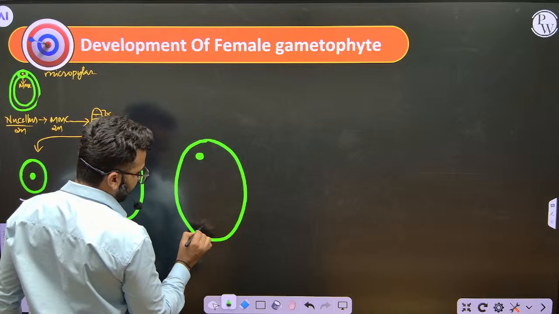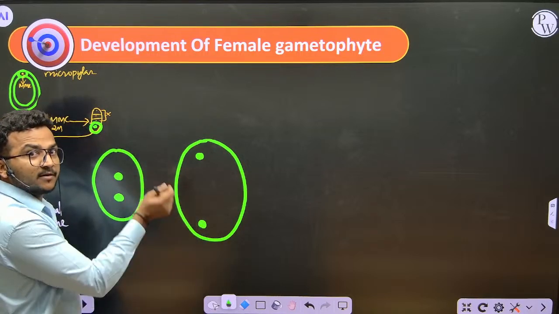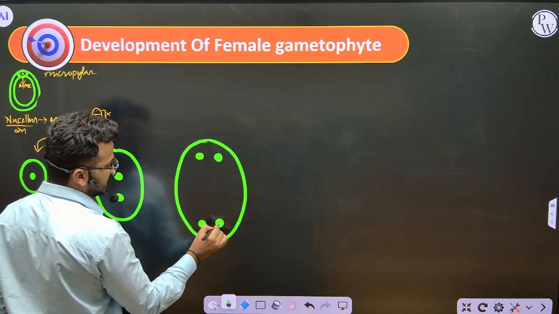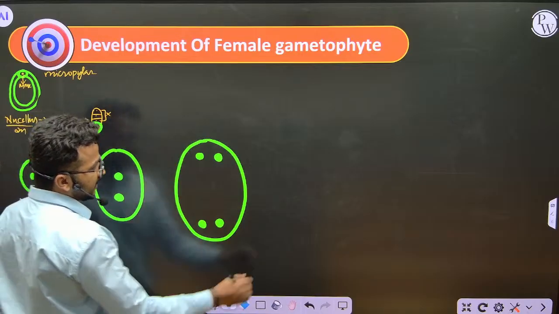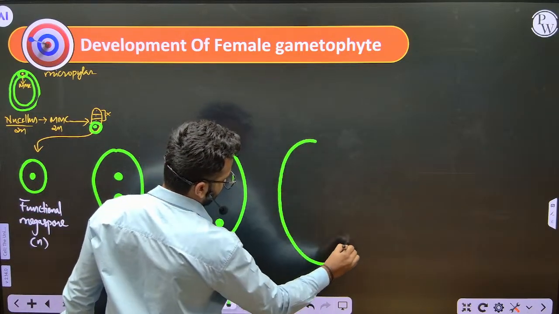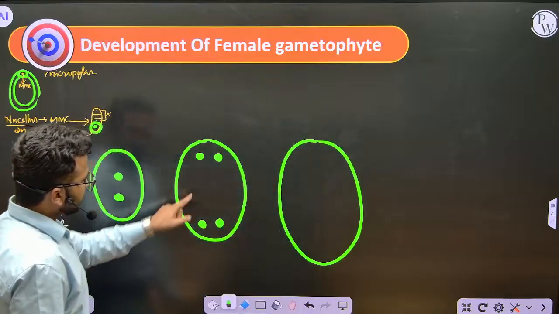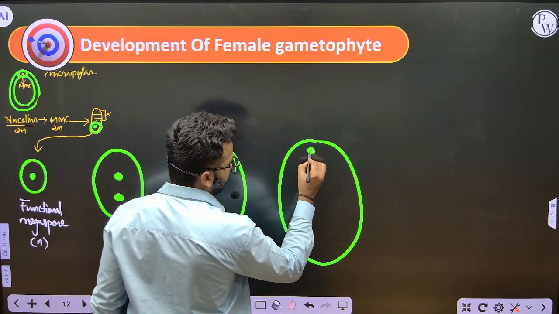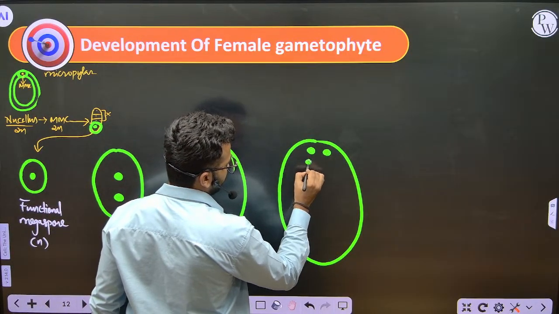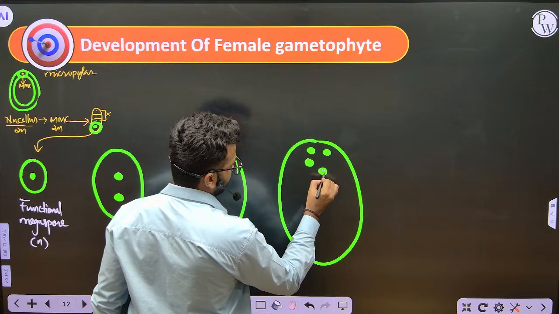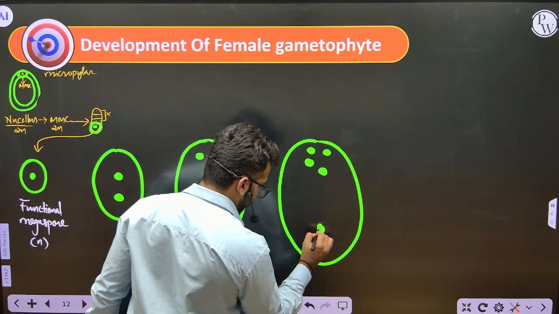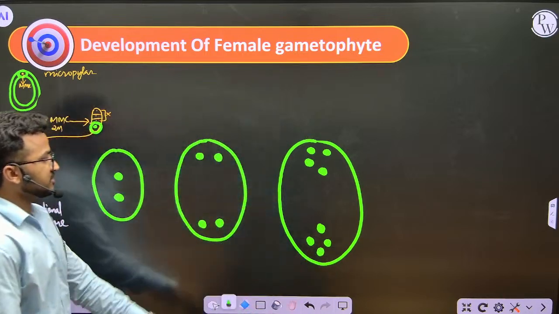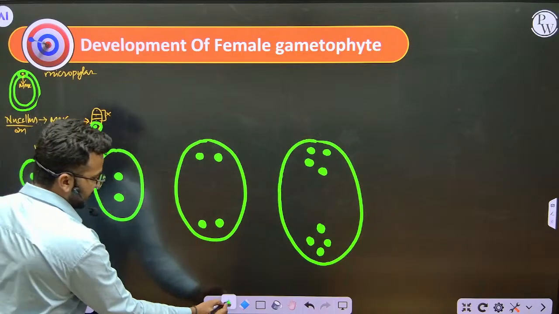After coming here, they will show another mitotic division. So another mitotic division has taken place, and now there are four cells, four on this side and four on that side.